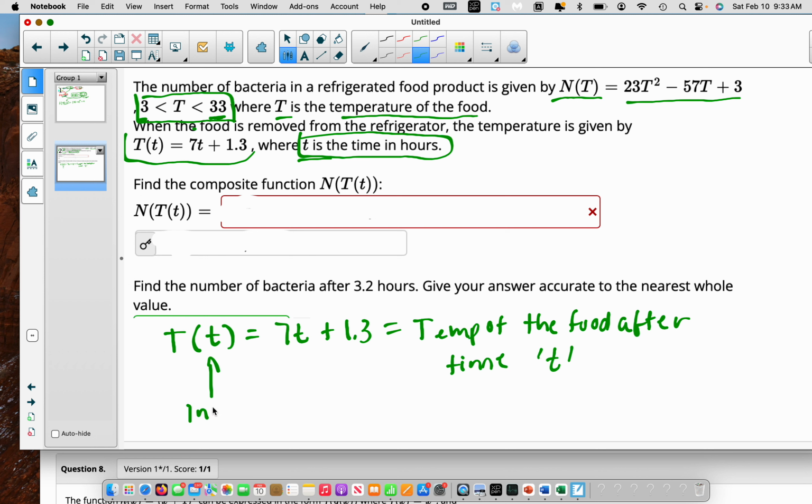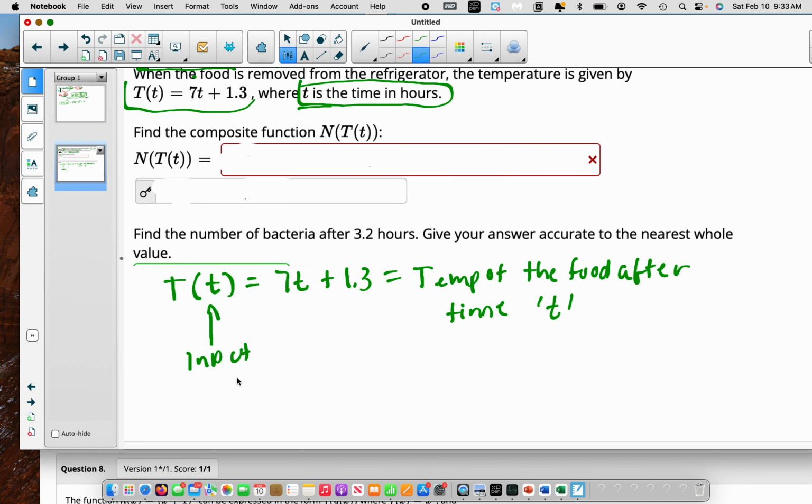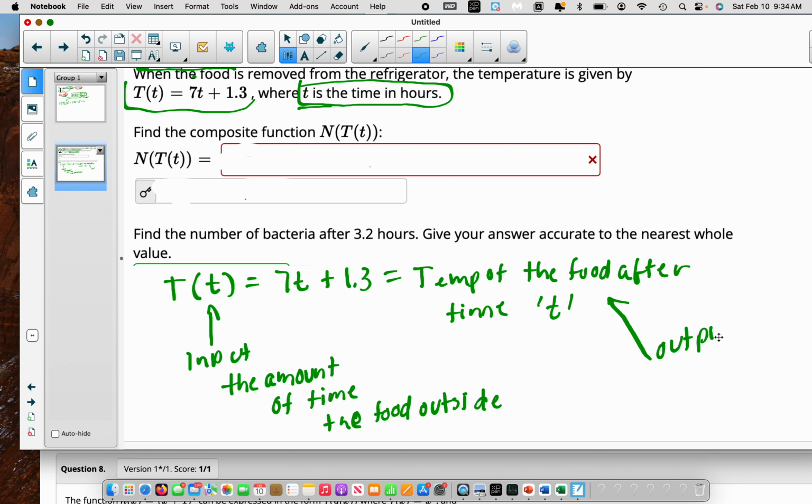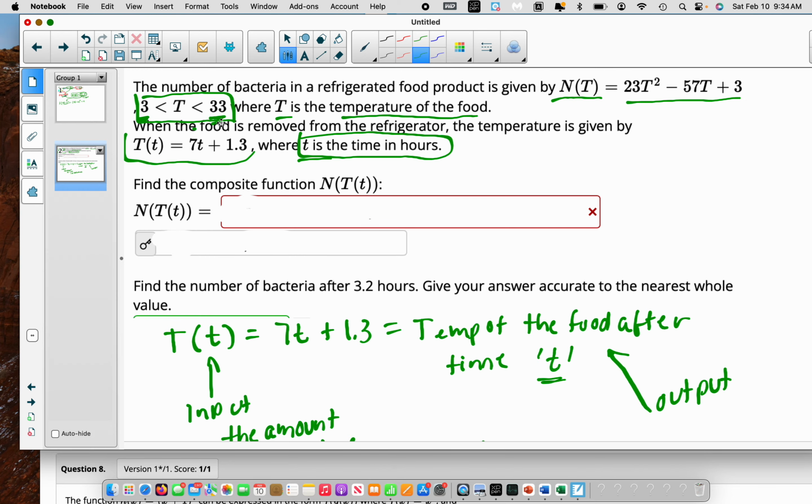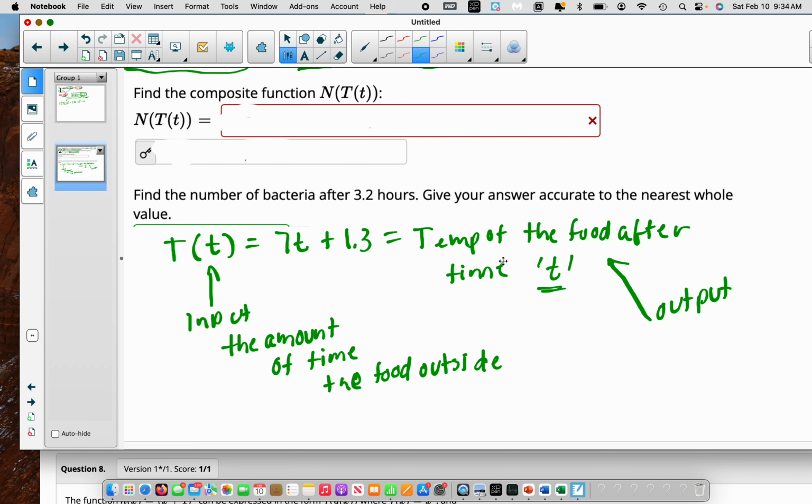So I input the amount of time the food is out of the refrigerator. That's my input, and my output is the temperature of the food after that amount of time goes by, right? And we're told that the temperature goes from 3 to 33. So this is T, the temperature of my food.